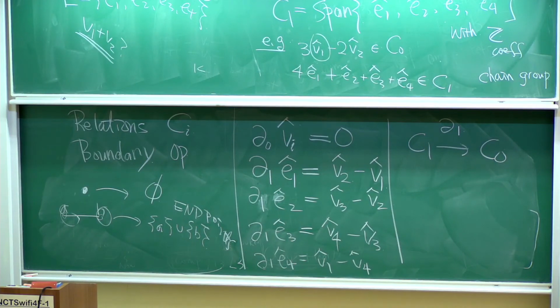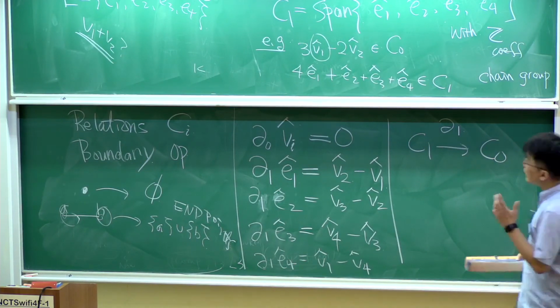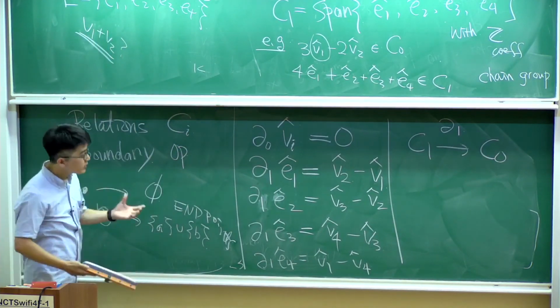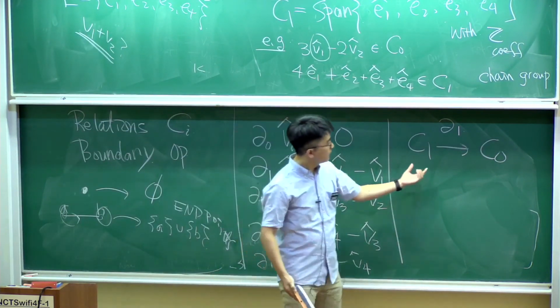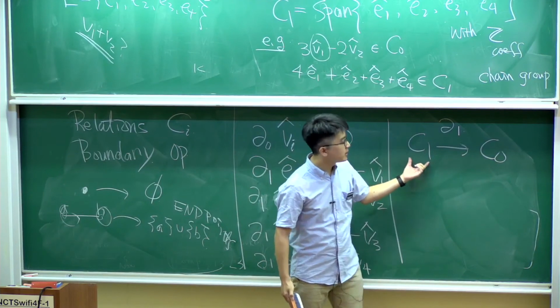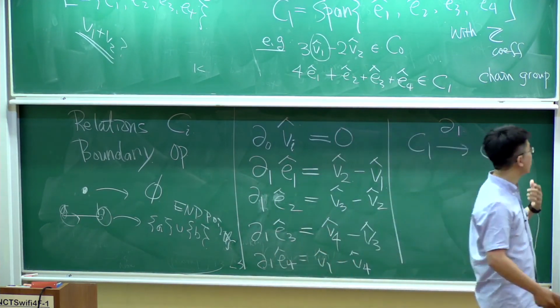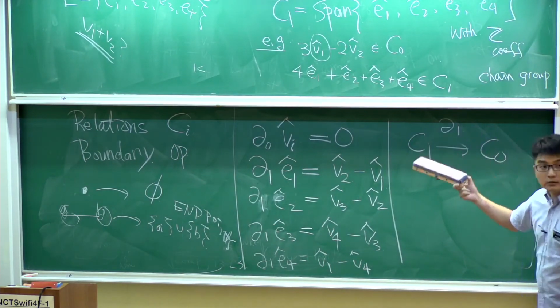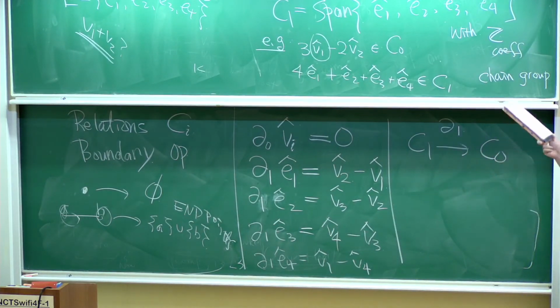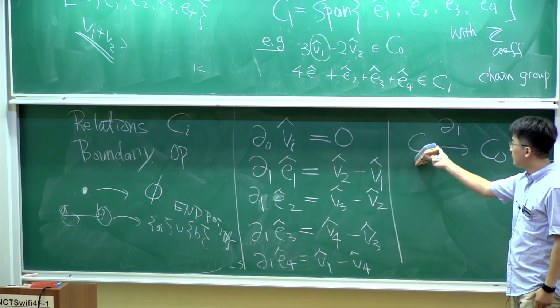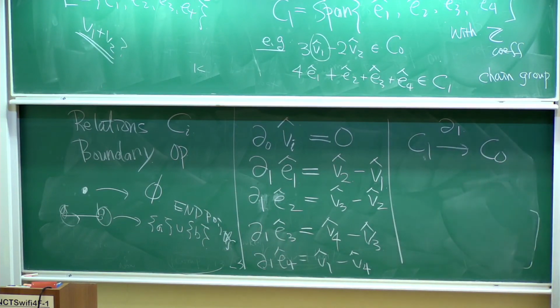So now we not only have the vertices and edges information, we also have the relation between edges and the vertices, right? That's the reason why we bring algebra into this thing, right? Because now you can talk about the relation between edges and vertices, okay? Okay, very good.